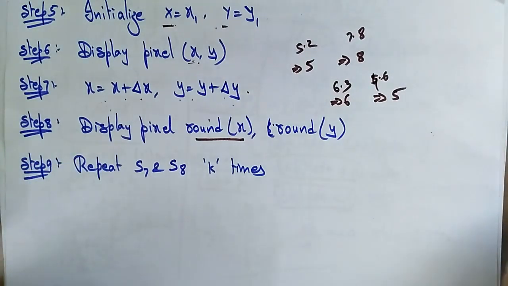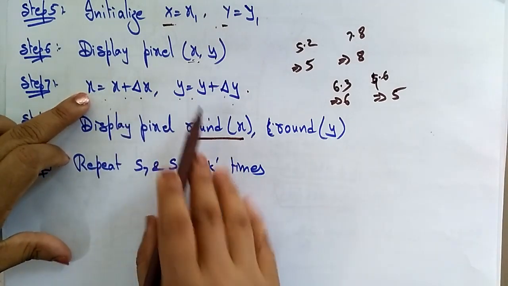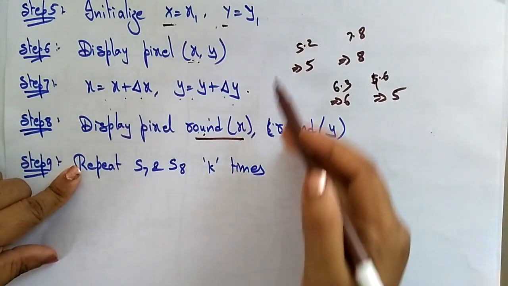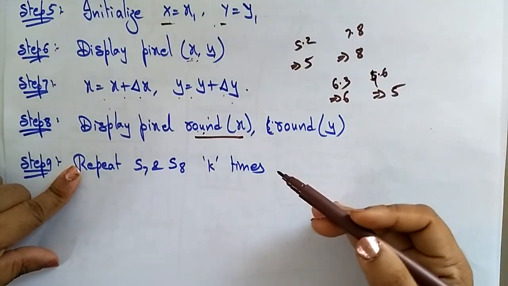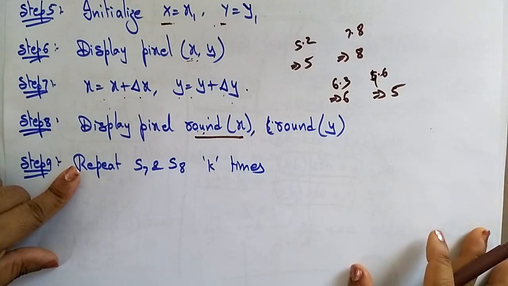So that is rounding off. After calculating, whatever x y values you get have to be rounded off, and you repeat these steps, 6, 7, 8, k times, until you reach the end point.